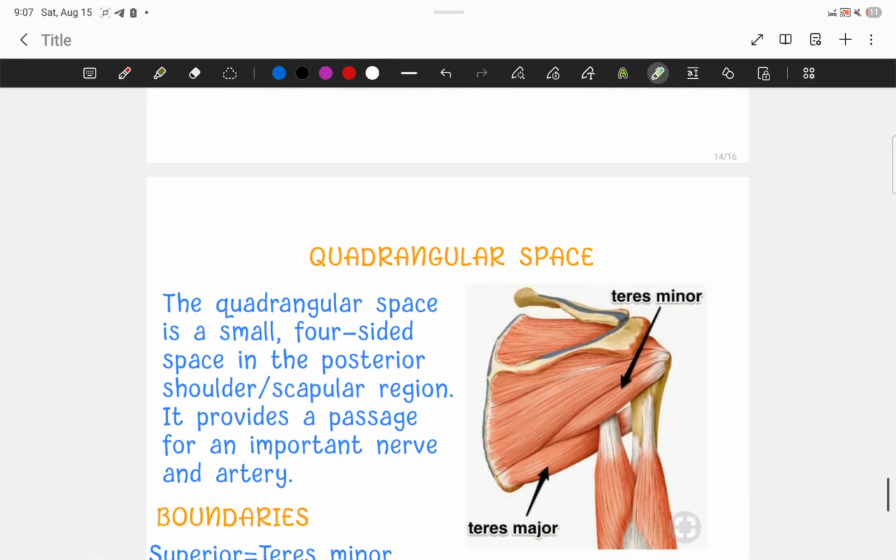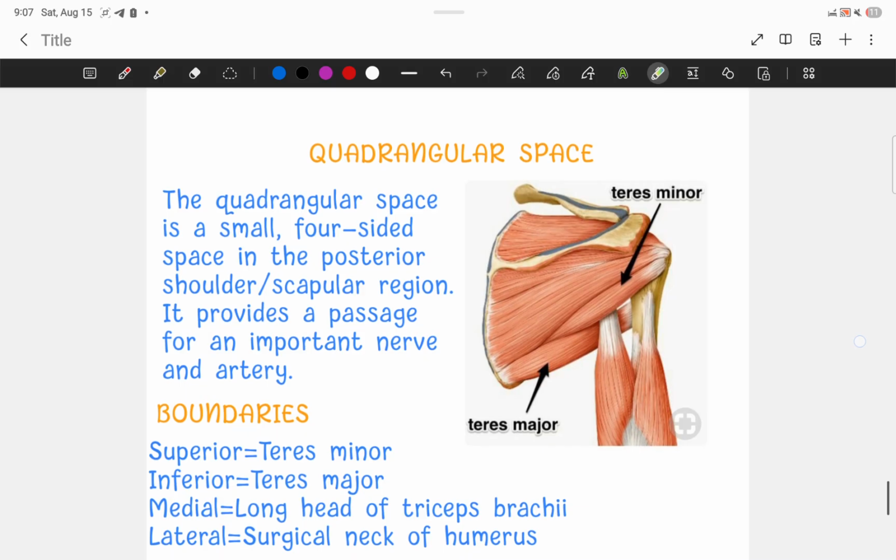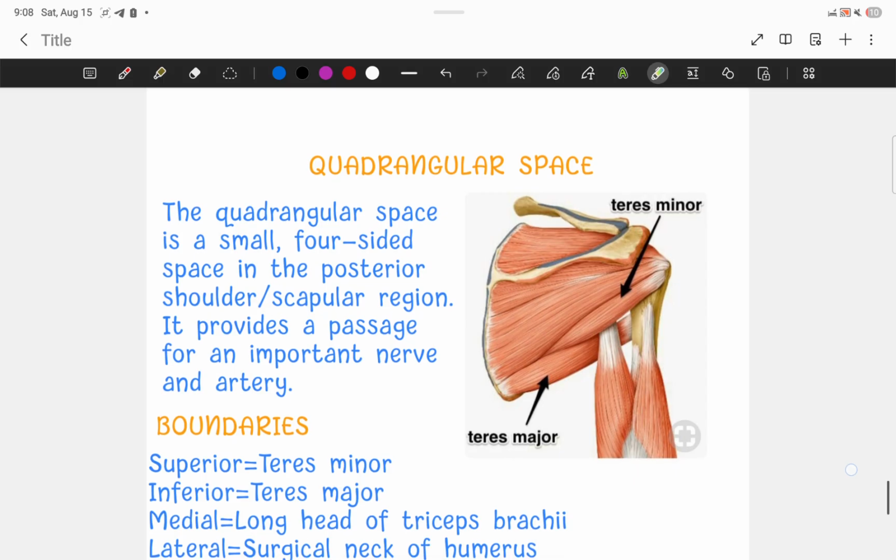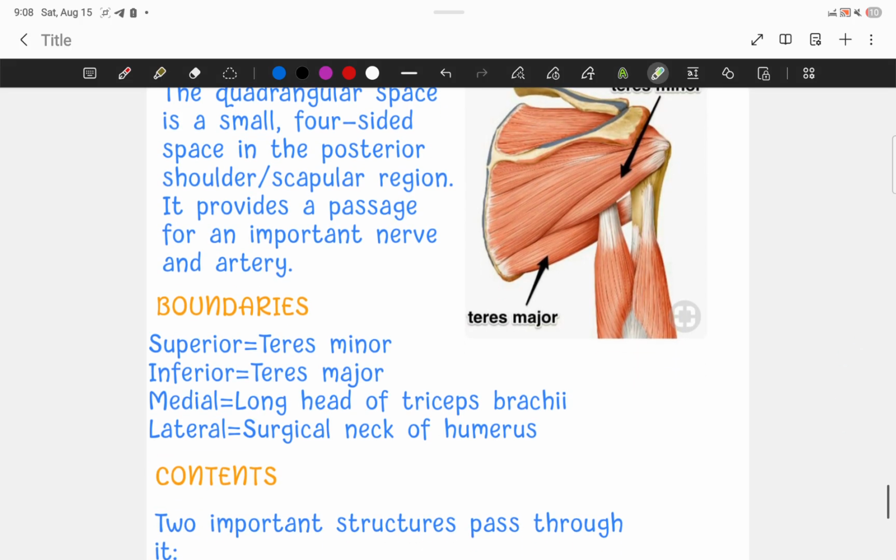And we talk about another favorite space, the quadrangular space. The quadrangular space is a small, four-sided space in the posterior shoulder or scapular region. They are the same, posterior shoulder or scapular region. It provides a passage for important nerve and artery. So we talk about the boundaries, of course.